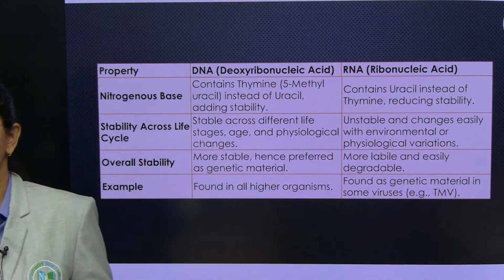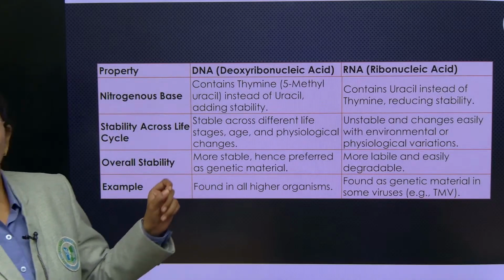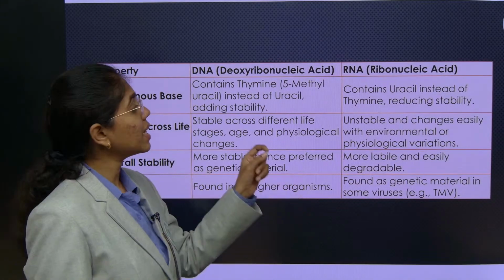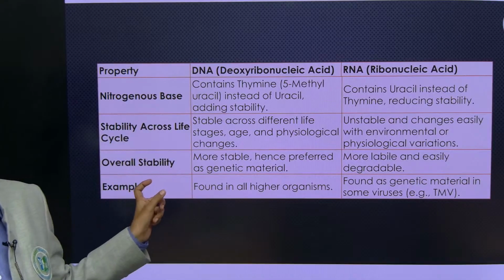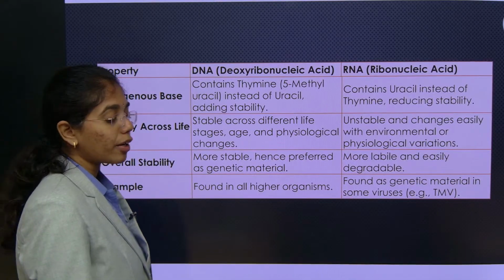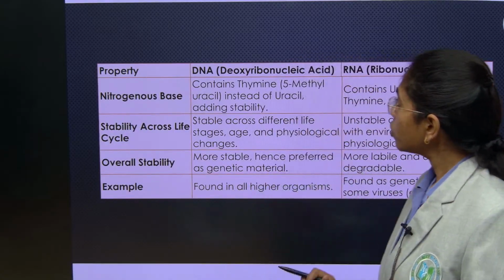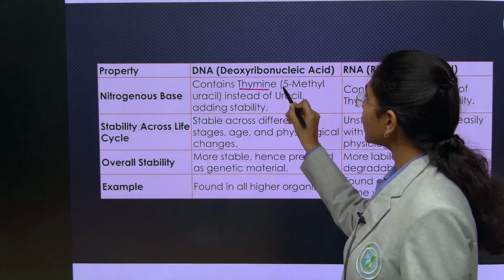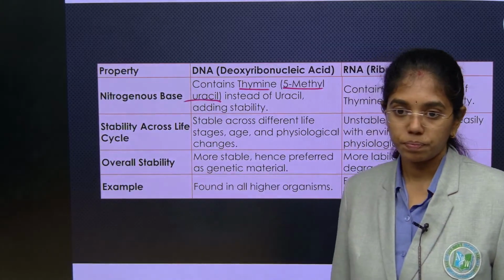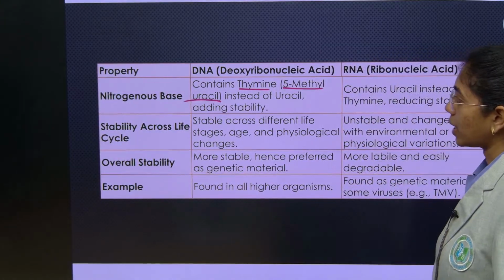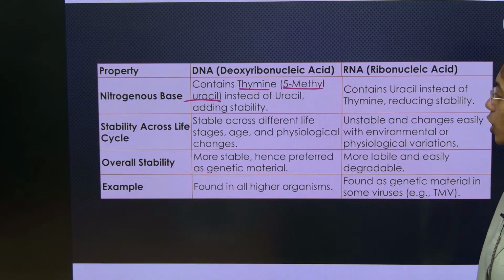Uracil and cytosine are present in RNA. So thymine in the place of uracil is giving extra stability to DNA. When I was dealing with nitrogen bases, I gave you the synonyms of each nitrogen base. So thymine is also known as 5-methyl uracil.